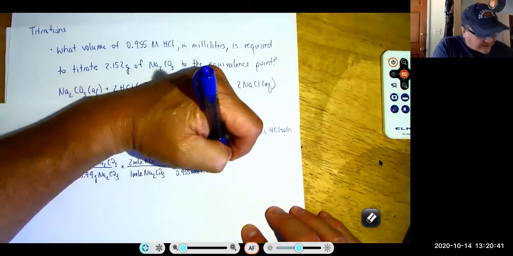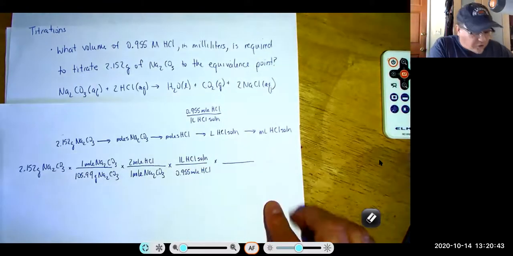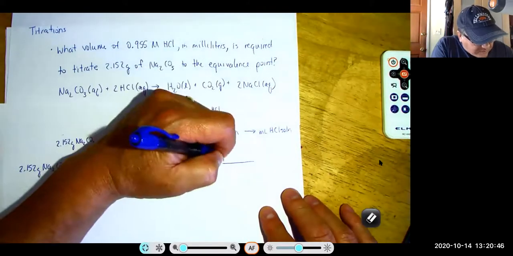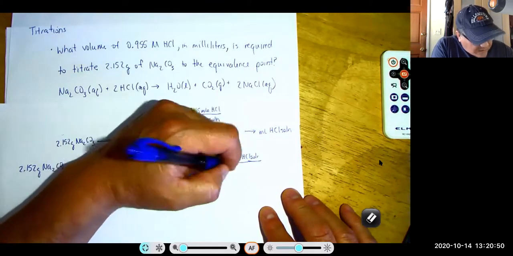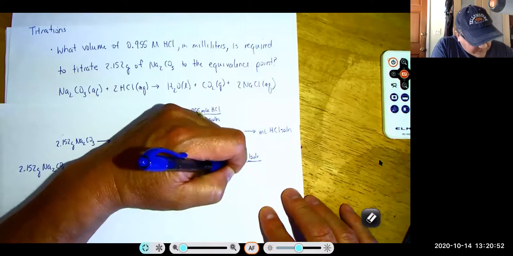And then lastly, to convert it into milliliters, I'm going to use the old 1,000 milliliters of HCl solution per 1 liter of HCl solution.